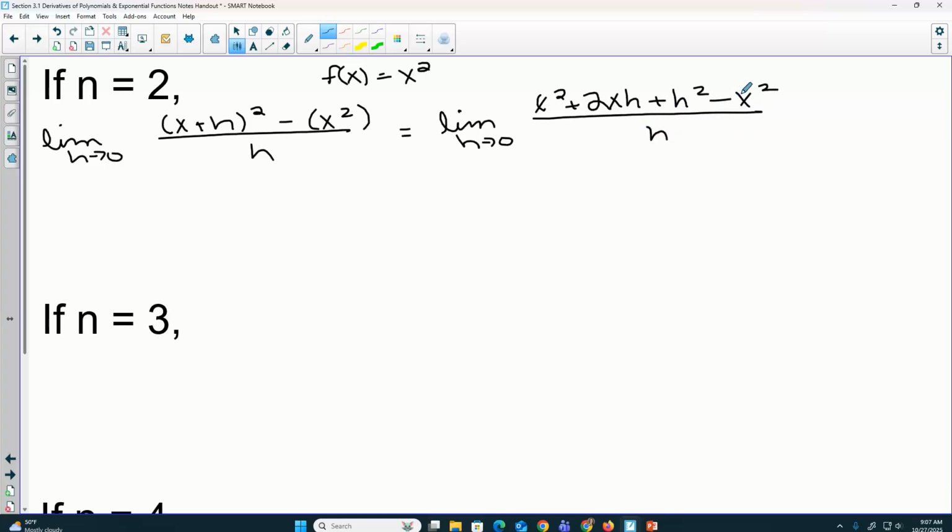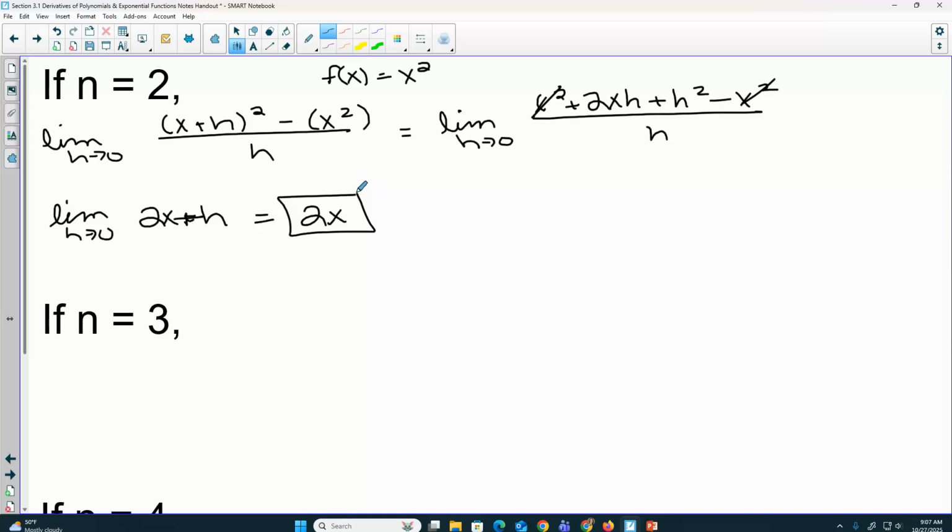Then what happens? x squared cancels. Then I can take an h out of everything that's left, so I get the limit as h approaches 0 of 2x plus h, which is 2x. All right, so we know the derivative of x is 1, because it was just a line, we could think about it. The derivative of x squared is 2x.